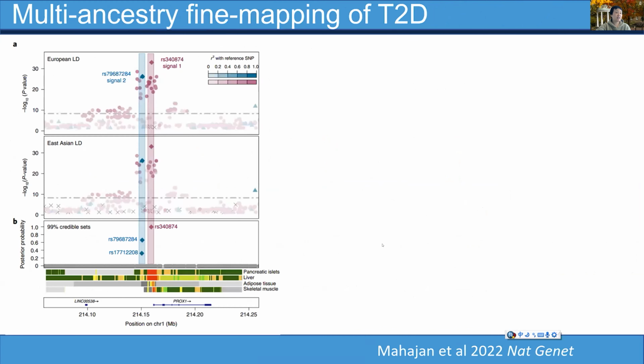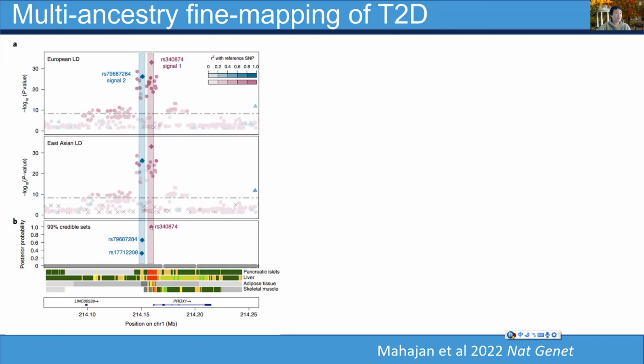So here's another example from our multi-ancestry GWAS study for type 2 diabetes. Similarly, using multi-ancestry fine mapping, mainly European and East Asian samples here, we were able to pinpoint the most likely causal variant to only 3 variants. As you can see from the bottom, the 99% confidence sets fall in two functional regions.